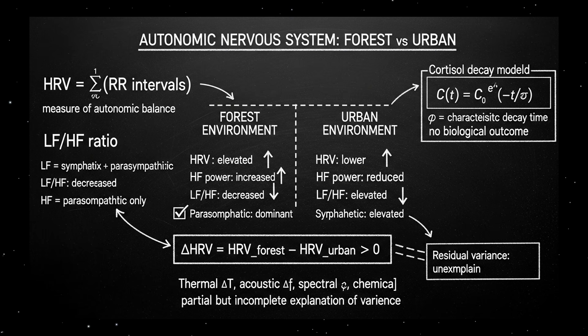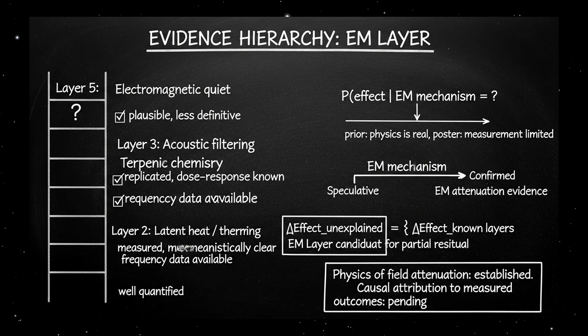Research measuring heart rate variability and cortisol in forest versus urban environments has consistently found autonomic improvements. Higher parasympathetic activity, lower sympathetic arousal. That the thermal, acoustic, spectral, and chemical differences do not fully account for. The electromagnetic quiet of the canopy environment may be part of the remaining explanation.